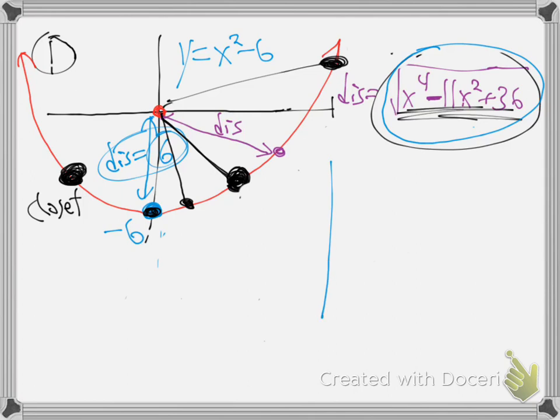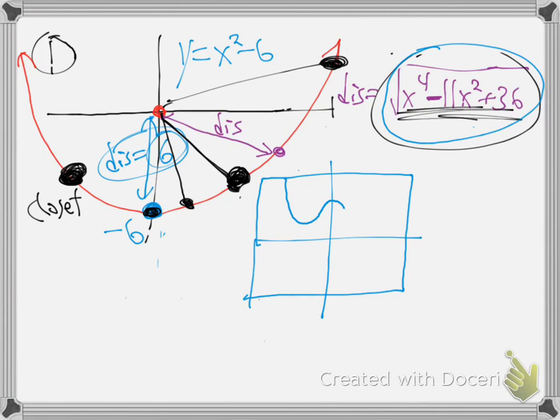Okay. So I'm getting a graph that looks sort of like this. You getting that? My window, again, is negative 10, positive 10, negative 10, positive 10. That looks like an activation. Is that good? I don't even need to show it. I've got time for that anyway.